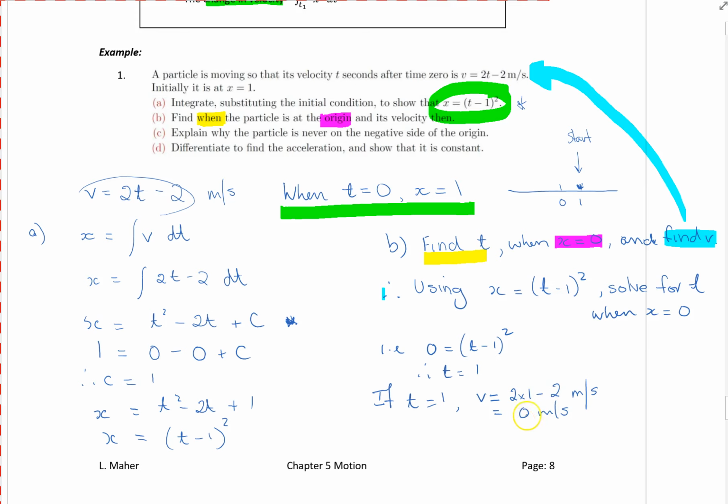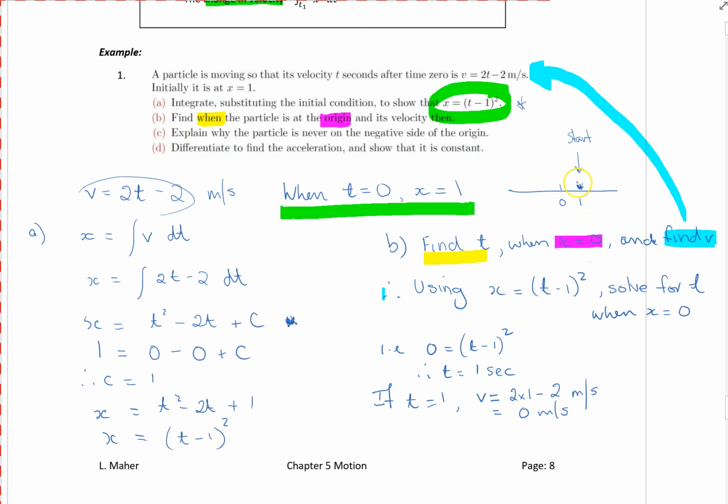Okay, so what have we found? We know that the particle, in summary, was originally at 1. After 1 second, we know that the particle is now at the origin, at x is 0.